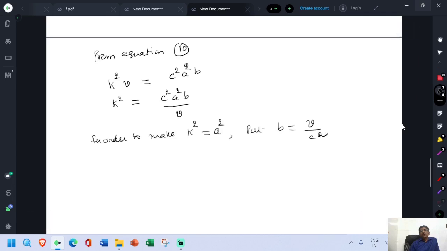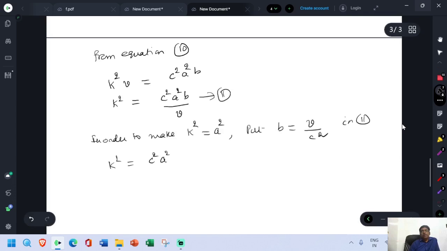Put b equal to v by c square in 11. Then we can get k square is equal to c square a square divided by v into v by c square, which is equal to a square.